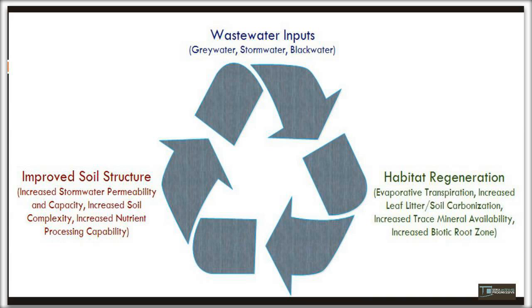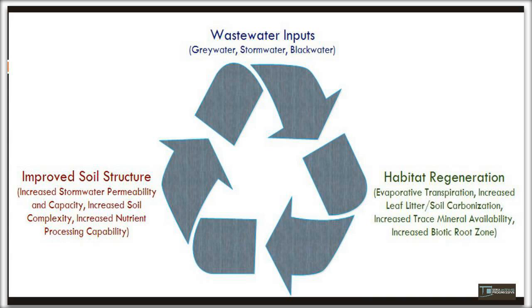And why does this matter, and why are we excited about it? Well, as we find places that we need to put our wastewater on site, and different reasons why we want to put graywater on site, whether it's for irrigation or stormwater or black water, it's nice to know that we can open up these clay soils in California, and that these soils can turn into habitat regeneration by adding different types of plants.